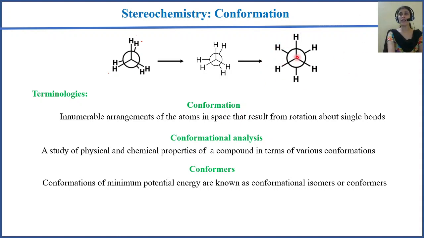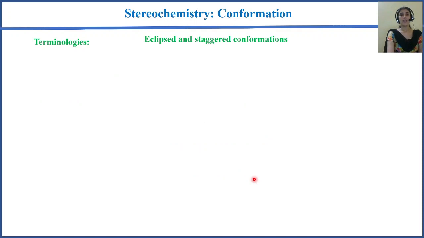In a potential energy versus dihedral angle curve, which we will know later, we will get some energy minima positions where, if we consider ethane, this type of conformation will be there, and they are known as conformers. Now, we know about these terminologies: conformational analysis and conformers.